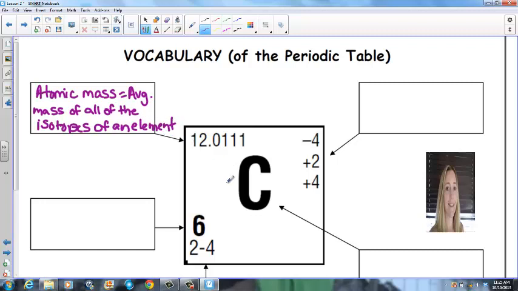Okay, so this is just for carbon, and every element has a few isotopes that exist in nature, and what they do is they take the masses of all of those isotopes and get a weighted average mass, and we're going to talk about how to calculate that in the next lesson. So oxidation numbers are over here in the upper right hand corner. And these tell us the possible charges that an atom can have.